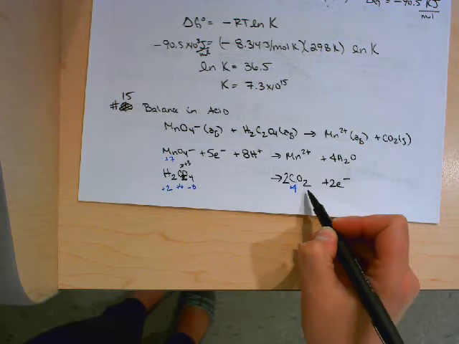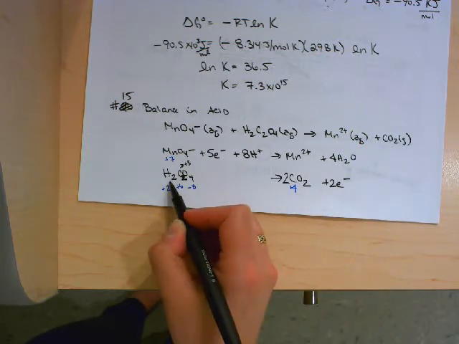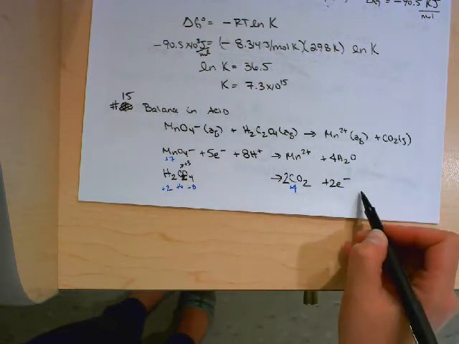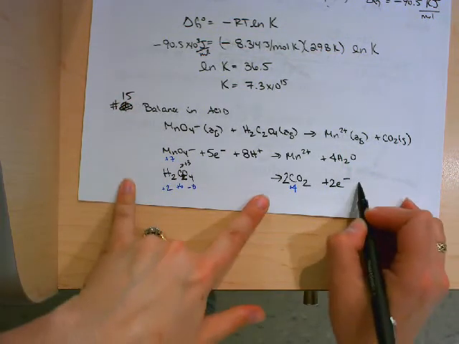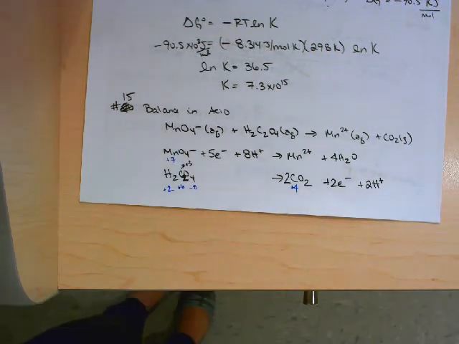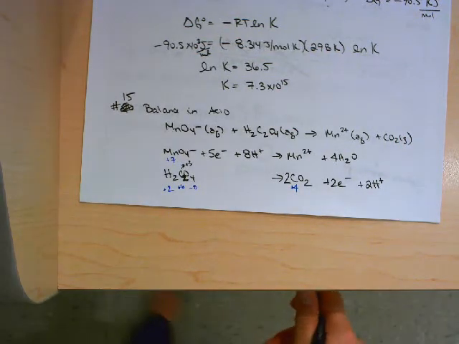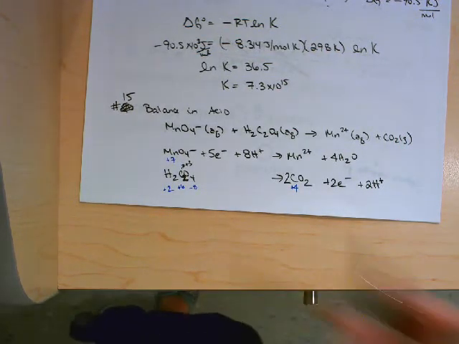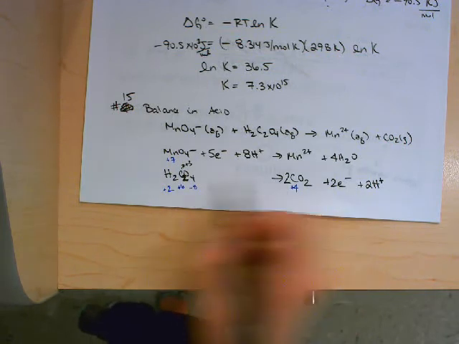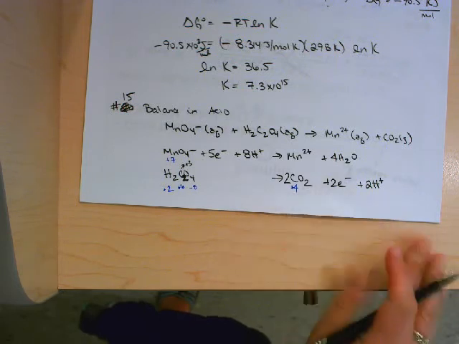Looking pretty good. What's left? The hydrogens. I have 2 over here. What do I need over here? Are we balanced in terms of 2 carbons, 2 carbons, 2 hydrogens, 2 hydrogens, 4 oxygens, 4 oxygens?